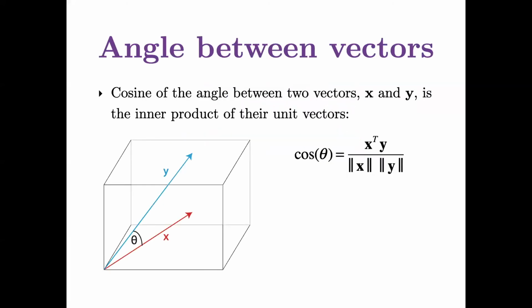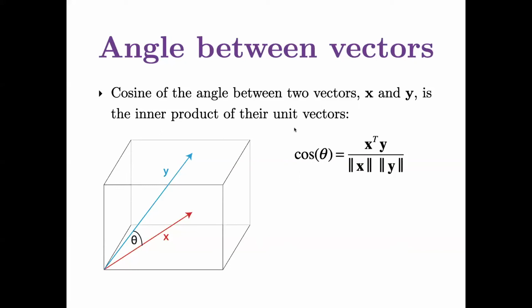What we do is we use a formula for the cosine of the angle between two vectors. And it's given as the inner product of their unit vectors. Now, when you're looking at this, you might be confused by the second part of this definition, the inner product of their unit vectors.